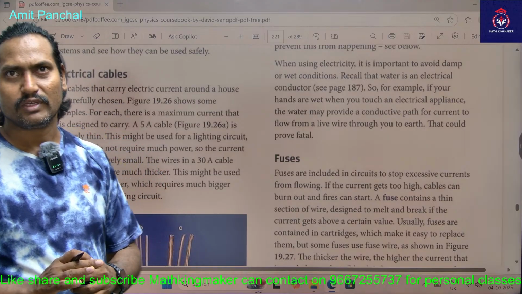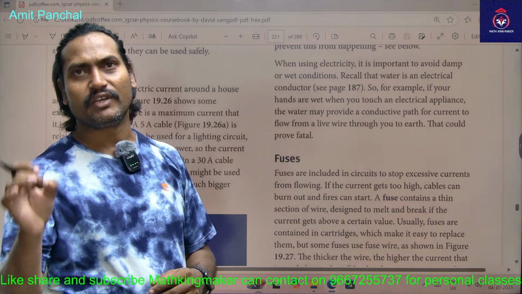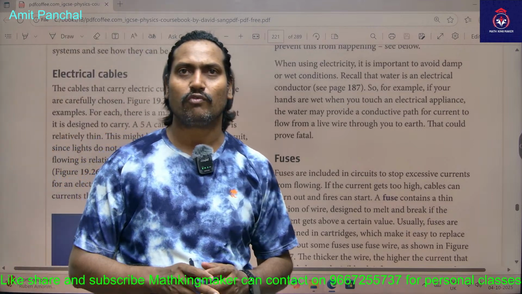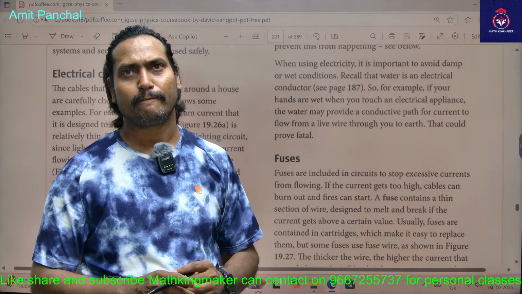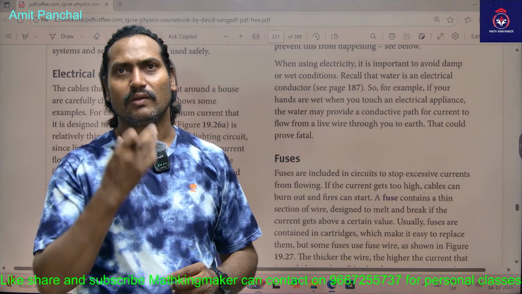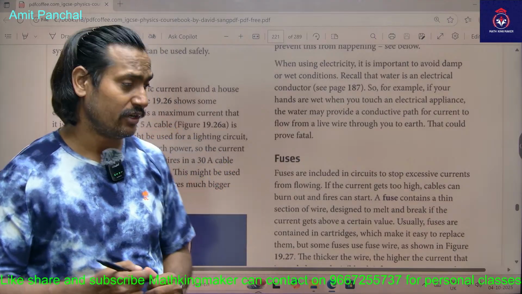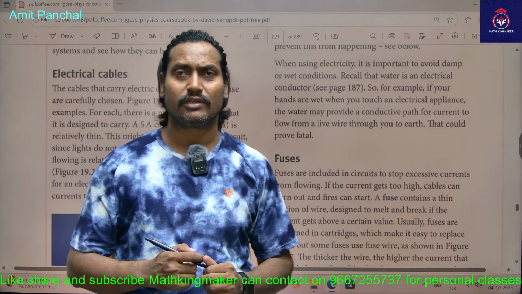If you are using a 5 amp wire in a 15 amp circuit, what will happen? It will burn your circuit.